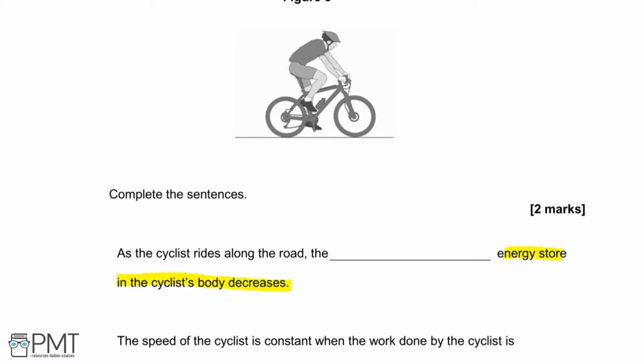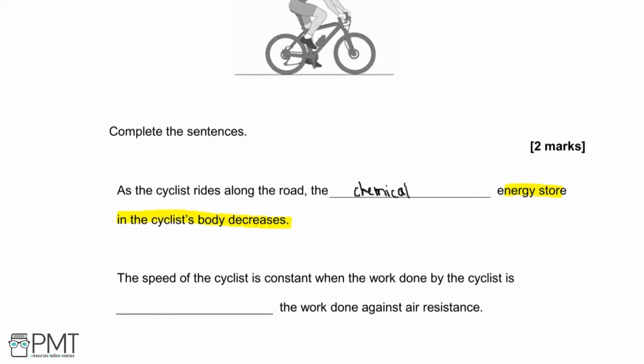What's happening is it's the chemical energy in his body that is decreasing, and this energy is being transferred from the chemical energy store into the kinetic energy store of the bike. That chemical energy is there due to the food that he eats, for example, and that is transferred to kinetic energy. So therefore our answer to this is the chemical energy store of the bike user decreases.